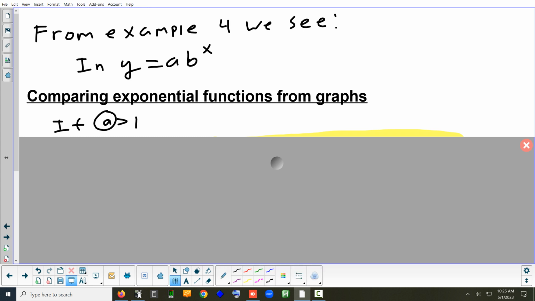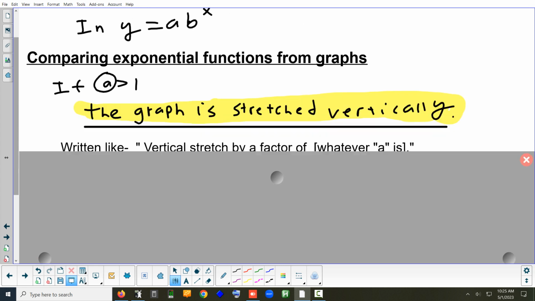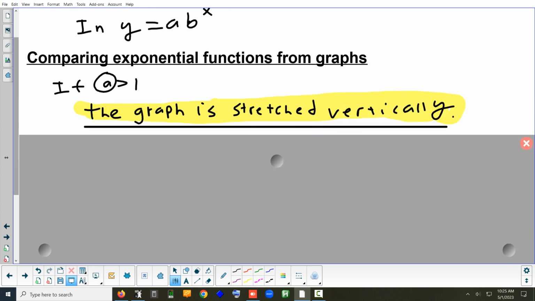The A value causes your graph to either stretch or compress. If you have an A value that's bigger than 1, that will stretch your graph. Which way will it stretch it? Vertically.